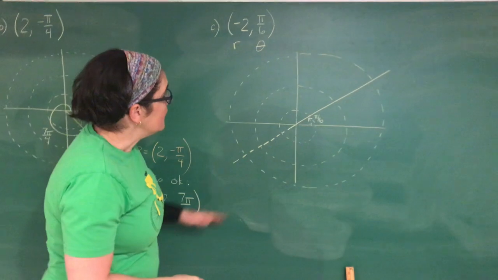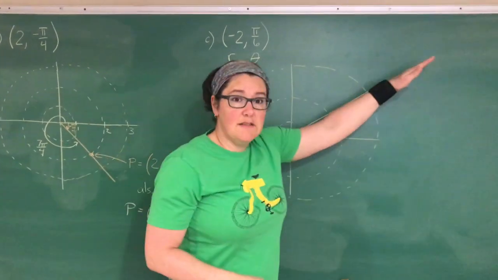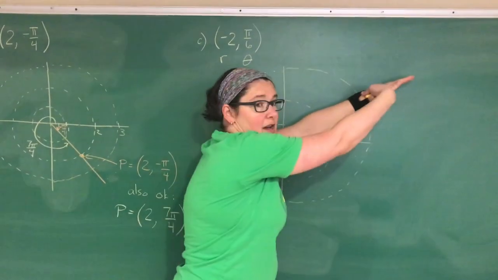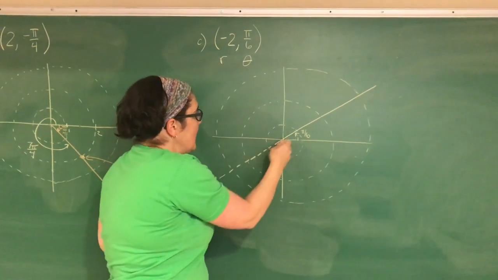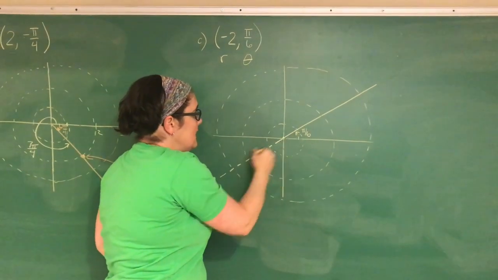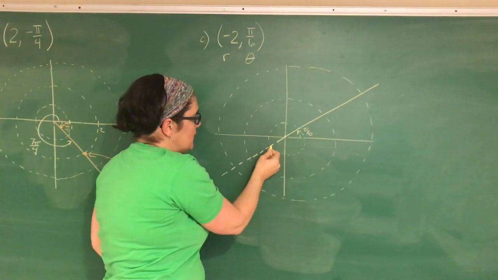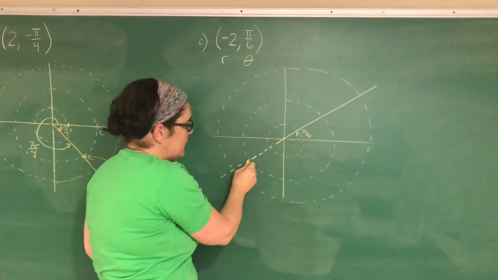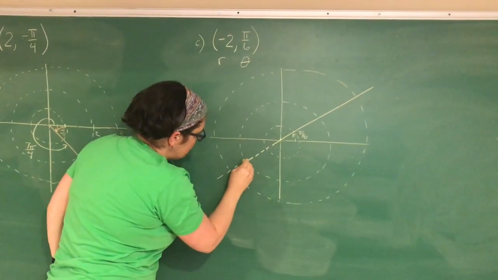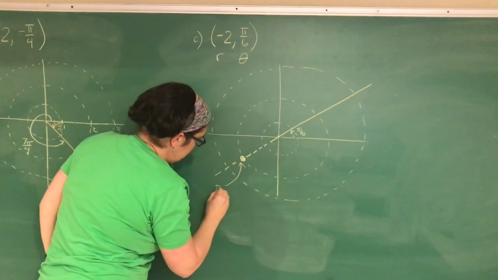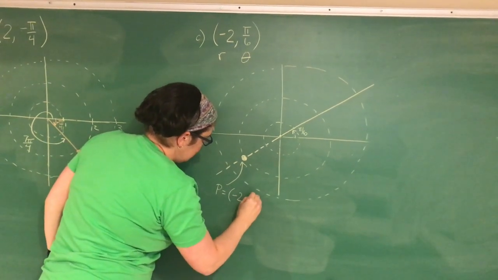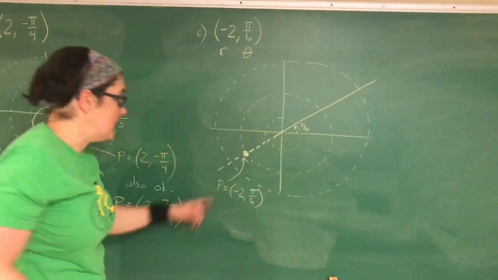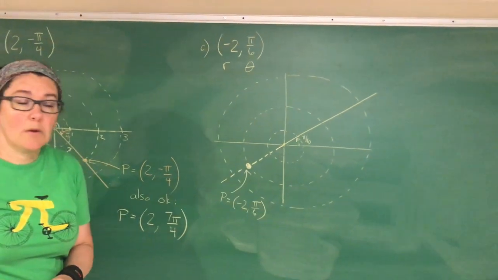All right, so instead of pointing in this pi over 6 direction, I'm going to reverse directions and walk a distance of 2 in the opposite direction. So here we get to our circle of radius 1, here we're at our circle of radius 2, so this is where our point will be. So our point P equals (-2, pi over 6) is this guy right here.